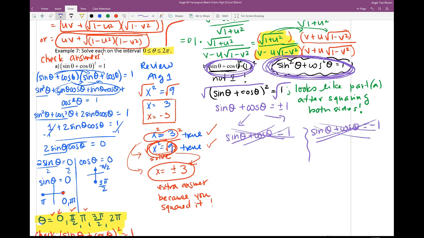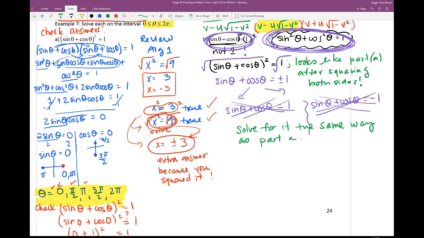Now, let me talk to you about what to do next. We solve for it the same way as part A. When you solve for it the same way, you have theta equals 0, pi over 2, pi, 3 pi over 2, and 2 pi.